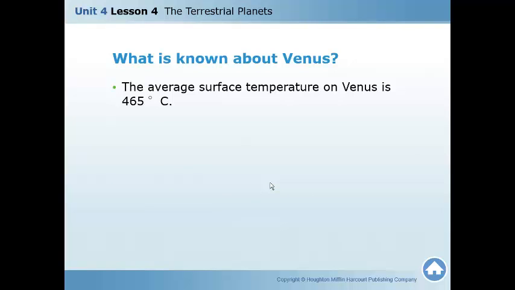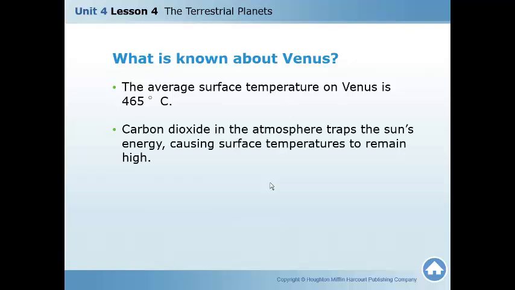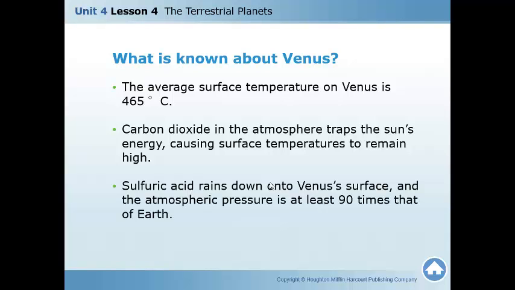The average surface temperature on Venus is 465 degrees Celsius, very hot. Carbon dioxide in the atmosphere traps the Sun's energy, causing the surface temperatures to remain high. So it does have an atmosphere. It has carbon dioxide in that atmosphere that does not let the energy of the sun escape once it's in. It's hard for it to cool down that way.